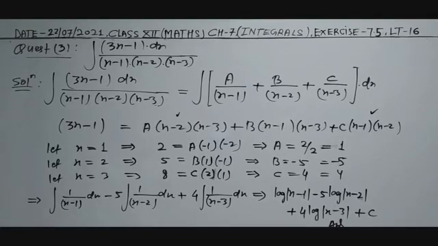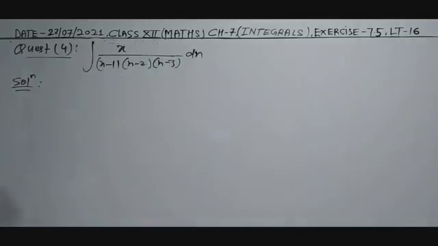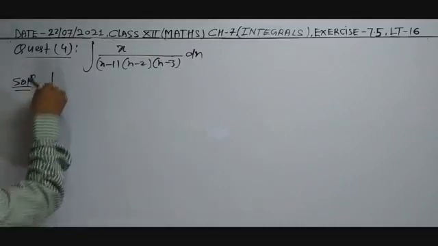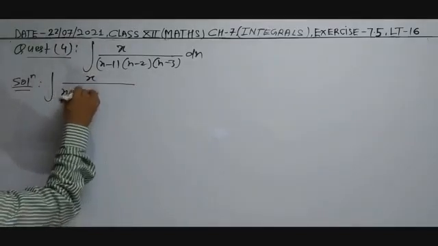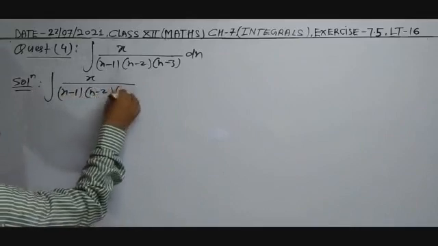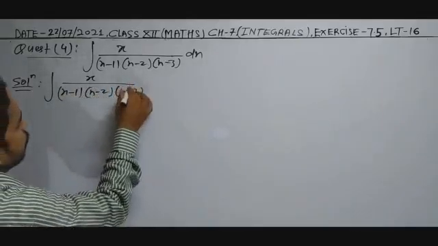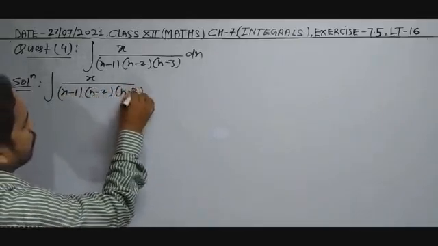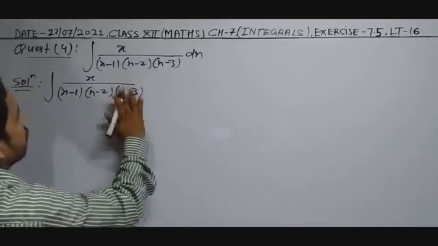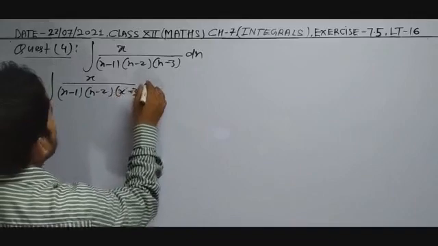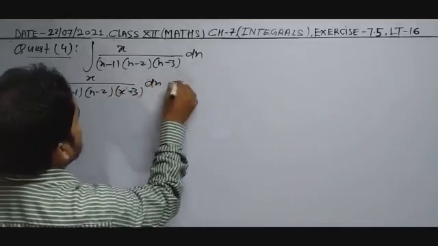Question number 4 is the integration of x upon (x minus 1)(x minus 2)(x minus 3). So first of all, write the integral part, which function I have to integrate: integration of x over (x minus 1)(x minus 2)(x minus 3) dx.